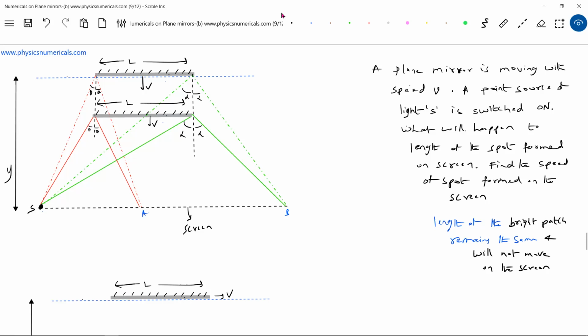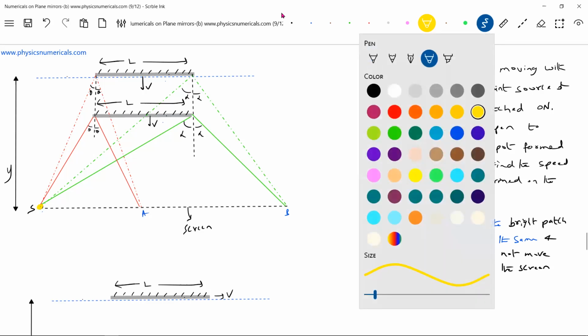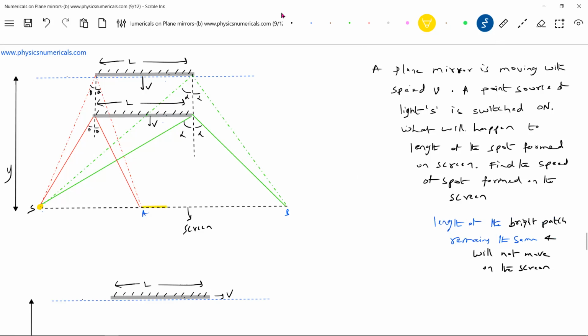Let me take a yellow color source of light. So what we see is that the patch will be this one. This yellow color, I'm taking a sodium vapor lamp. Then I can definitely see that yellow color patch on the screen, sodium bulb.